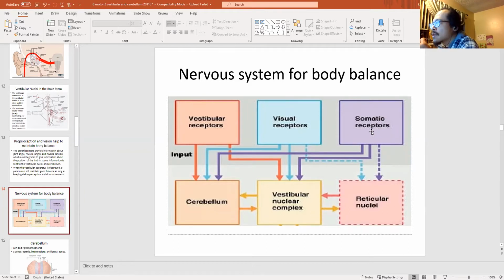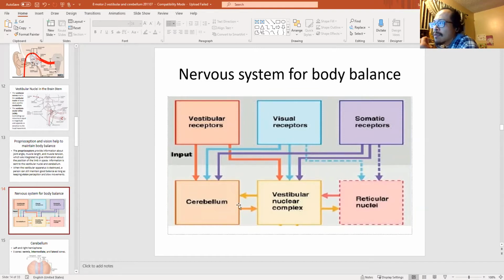Their inputs include proprioception, which sends major signals to the brainstem, into the vestibular nuclei. It will also send to the cerebellum. The visual signal will be sent to the vestibular nucleus and also the cerebellum. The vestibular signal, the one we talk about today, is sent to the vestibular nucleus and the cerebellum.